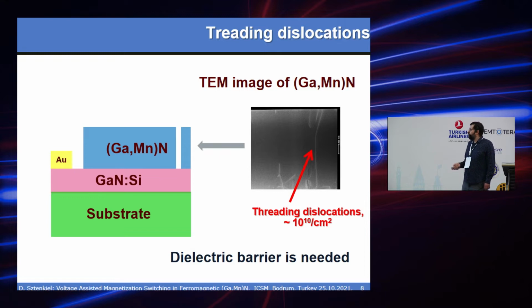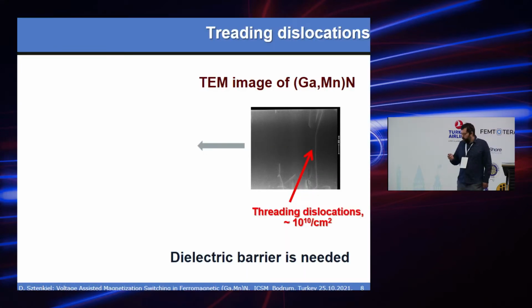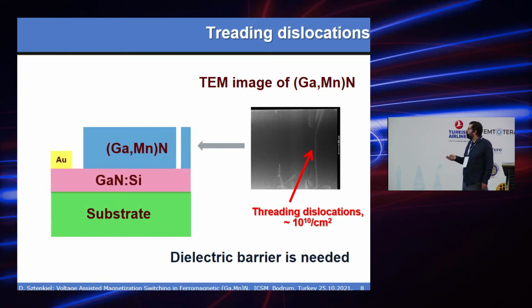Of course we have these threading dislocations in our material, so we cannot deposit gold here and apply a voltage difference, because current would flow through such threading dislocations.